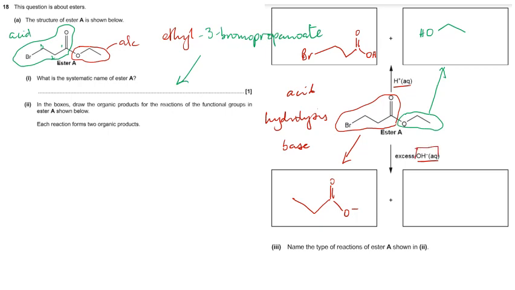So our hydroxide is going to attack this delta positive carbon here, and we're going to get a bit of nucleophilic substitution going on, so we're going to have an alcohol end to that molecule there, like so. Okay, so that's that one, and then the ethanol is just like it was before. So there are our 4 products, and we have to name the type of reactions. Well, we've named it already. They're hydrolysis reactions.